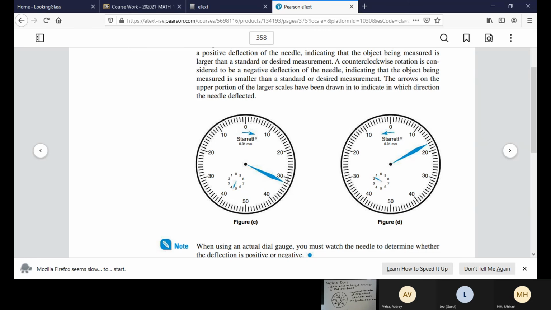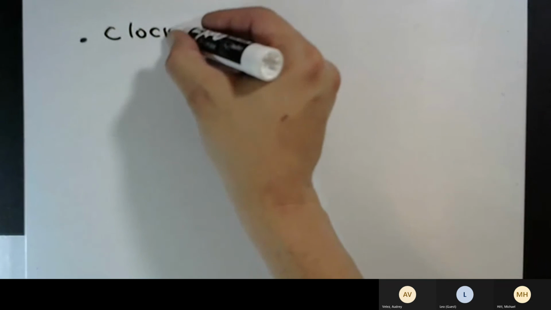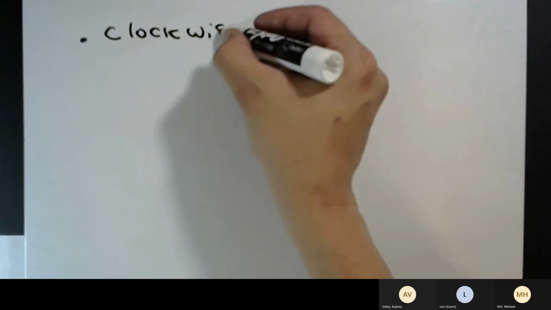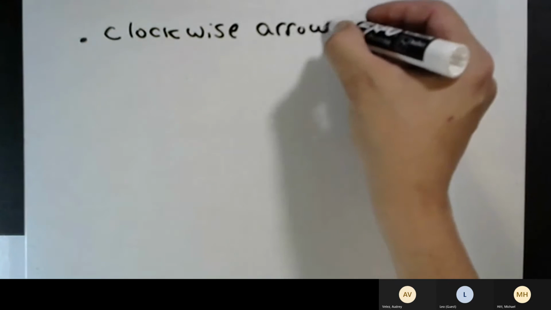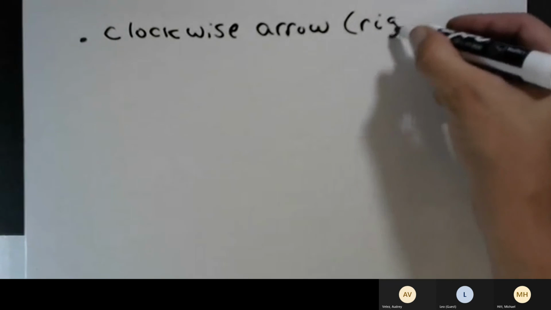Now, there's some special meaning, and it's going to be this. The directional arrows here, if you see a clockwise arrow, that means it's heading towards the right.